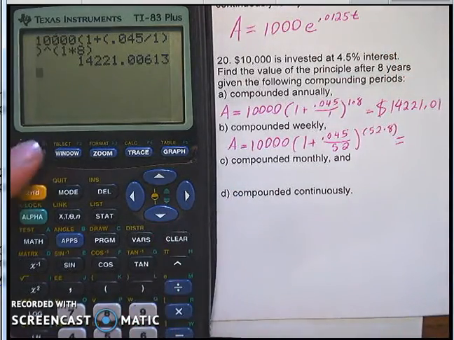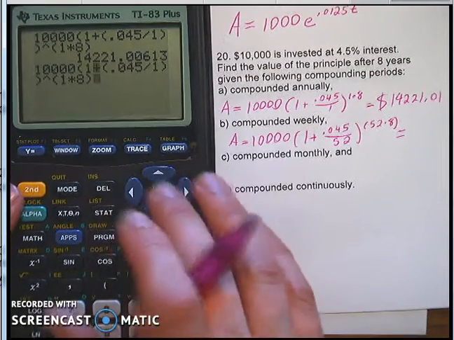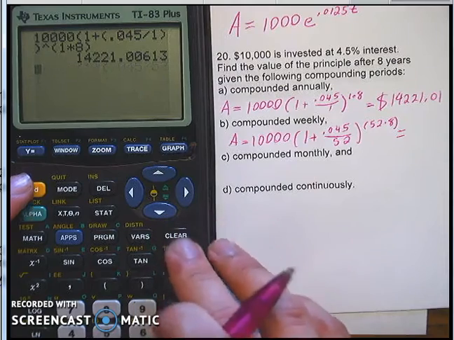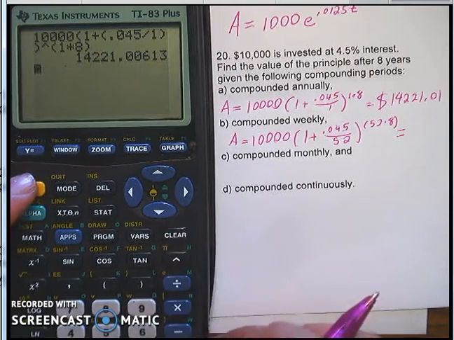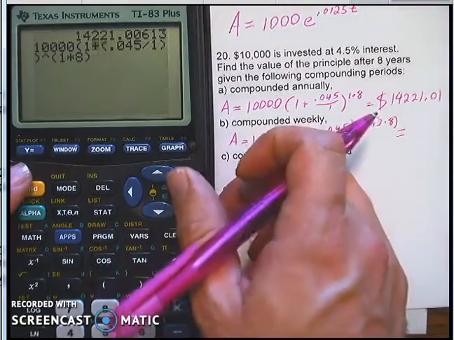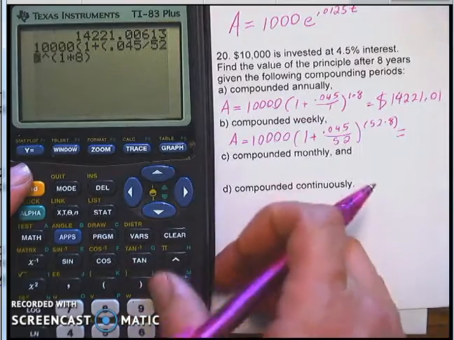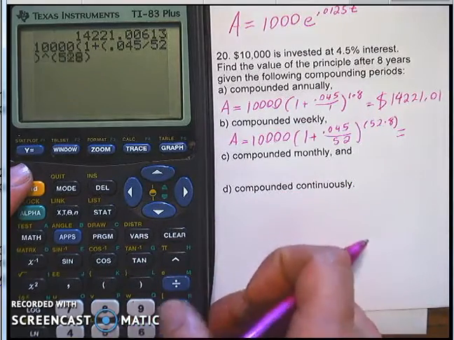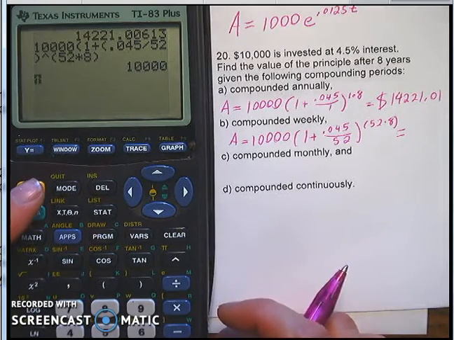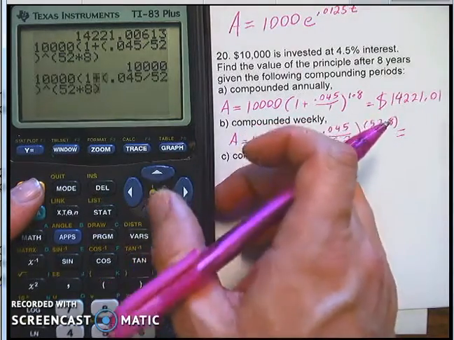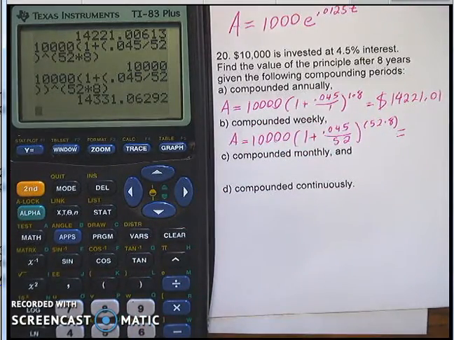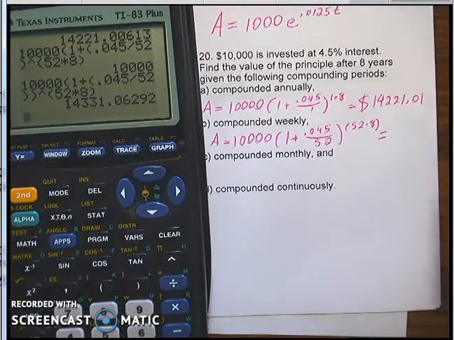So when I retype all that in my calculator, I'm changing those ones into 52s, and just compounding it slightly differently. Close the parentheses. Increases our money to $14,331.06.